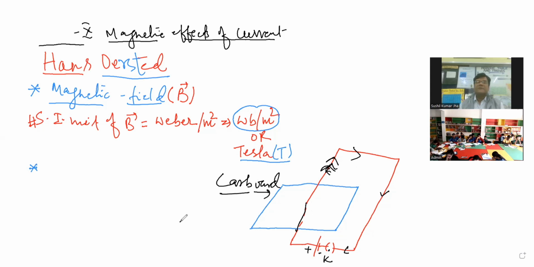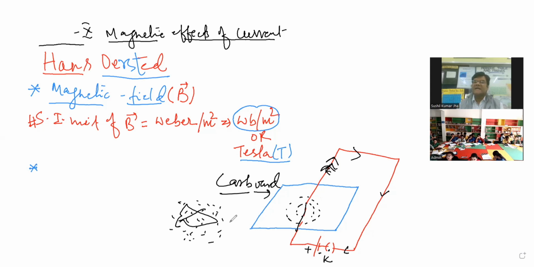Now what we do is sprinkle some iron filings around this wire. It was observed that after some time these iron filings get arranged around the wire, and not only arranged, the arrangement is in concentric circles. Are you listening?